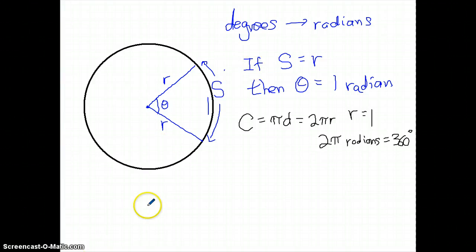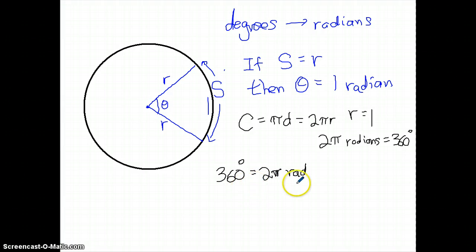So based on that, let's suppose we need to convert between radians and degrees. Well, 360 degrees equals 2 pi radians.